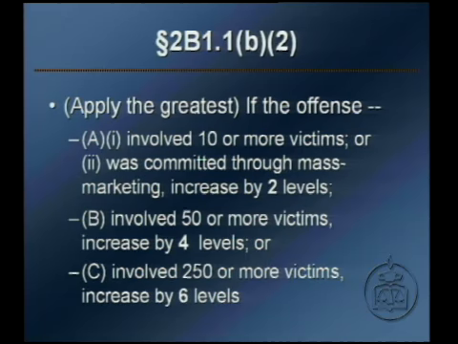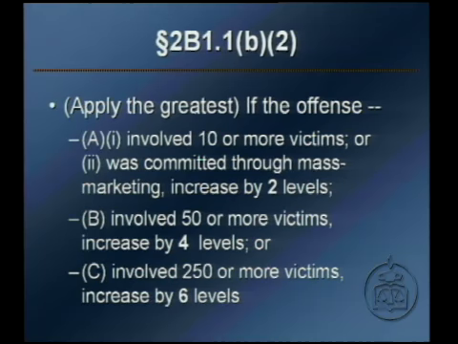It is one of the factors the Commission was directed to consider as part of the Identity Theft Enforcement and Restitution Act, but also has been the subject of various circuit court case law decisions. And you can see the SOC provides increases of either 2, 4, or 6 levels, depending upon the number of victims involved in the offense.